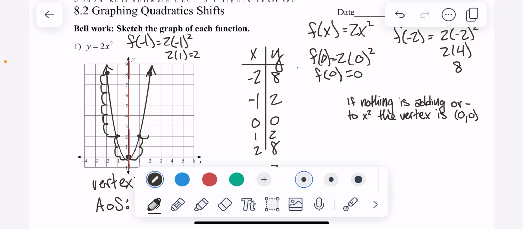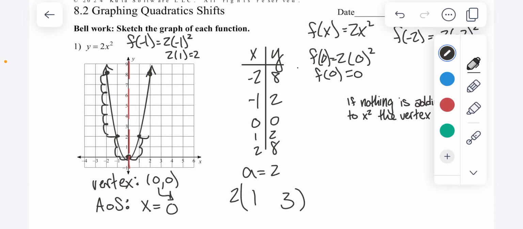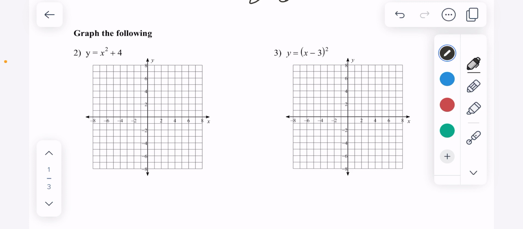Our first bit there. Cool. Let's go ahead and move on to the next problem. You can always pause this video or rewatch this if you got a little bit confused. And the next bit I want to talk about is our shifts. We've talked about shifts before, and the next form that we're going to talk about is called vertex form in a little bit.